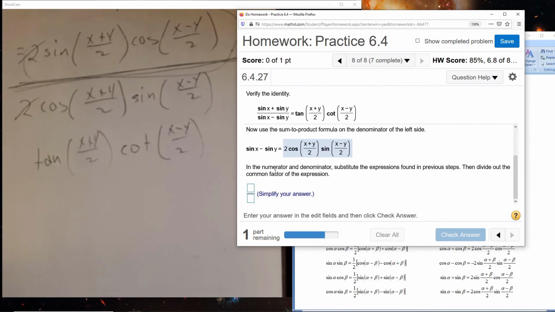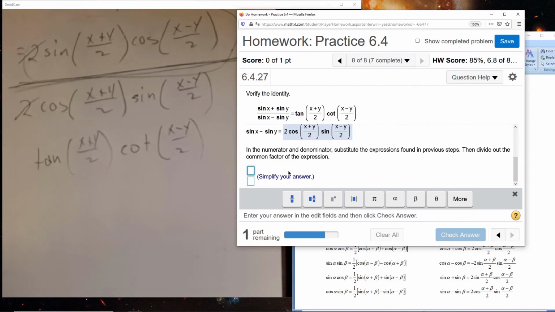Okay, here it says divide out the common factors. All right, well, the only common factor was 2, which means we got to type all of this again.